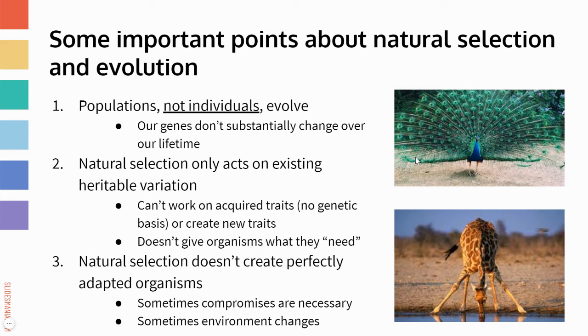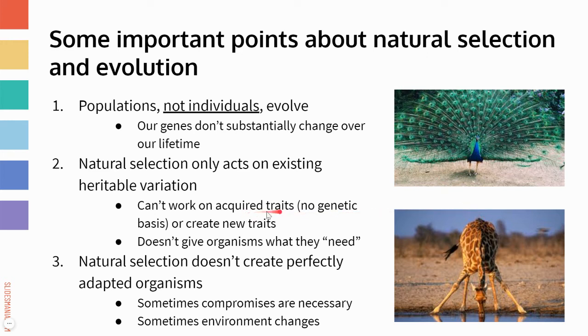The second is that natural selection only acts on existing heritable variation. So natural selection works because some individuals in a population are more well adapted to that environment and they pass on the traits that they have that helped. But they need to have traits to pass on. It's not like natural selection can give organisms what they need.